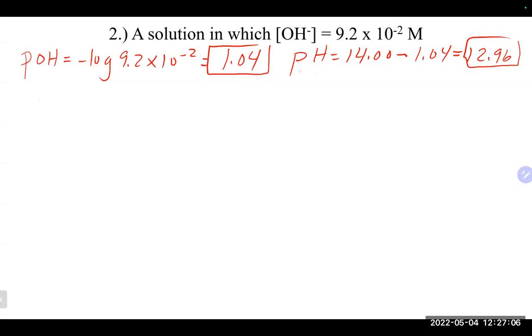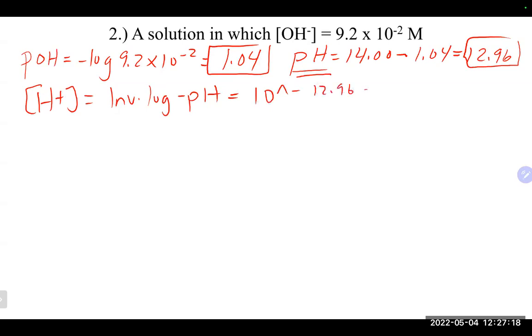Now I'm going to pick the right one and use my pH here to get to the H plus concentration. Once again, I'm going to do the inverse log of the minus pH, 10 and a caret there of 12.96. And if I do that, looks like 1.1 times 10 to the minus 13 molar would be my H plus concentration.